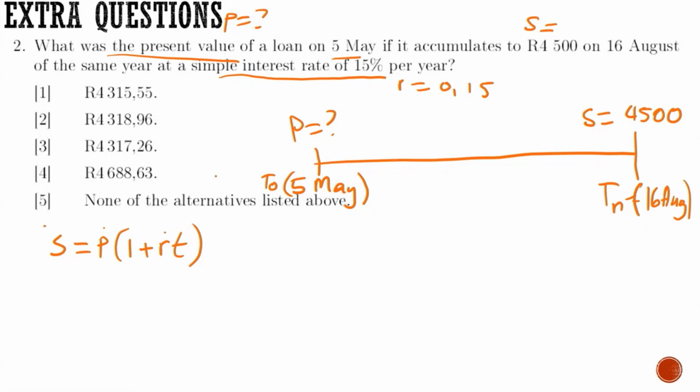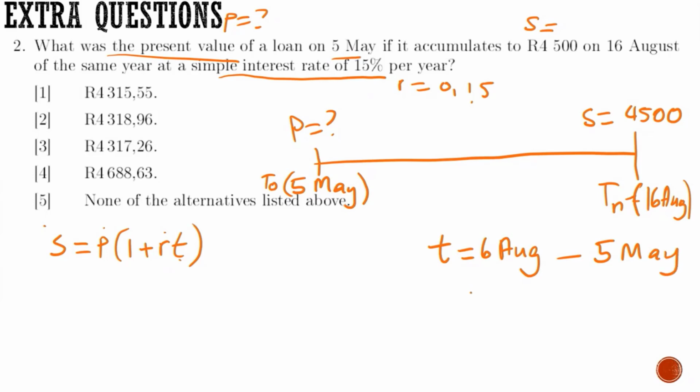You know your R is given, your T is given, but it's not explicitly given. So for you to calculate your T, your T is going to be equal to whatever is happening on 16th of August minus 5th of May.